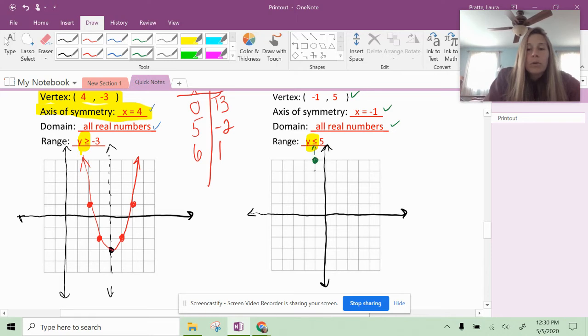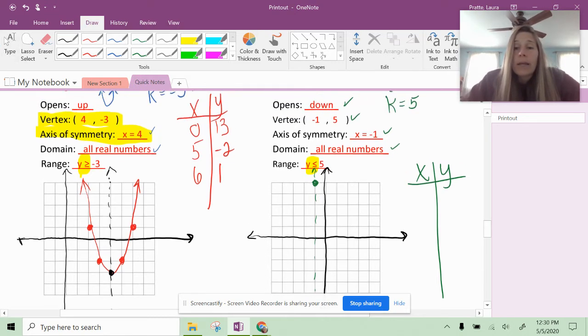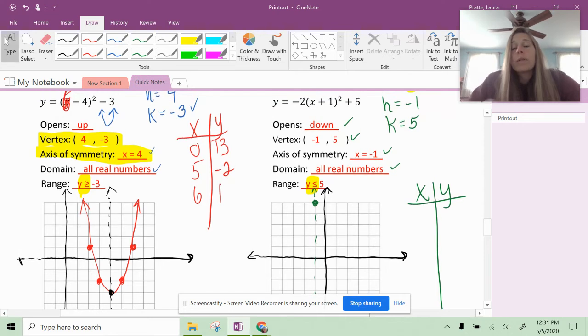And that's, of course, also my axis of symmetry. So now I need to find another point or two on the parabola. I typically like to do the positives, but you could do negatives, whichever. It doesn't matter. So one option would be, let's say you want to plug in a 0 this time.